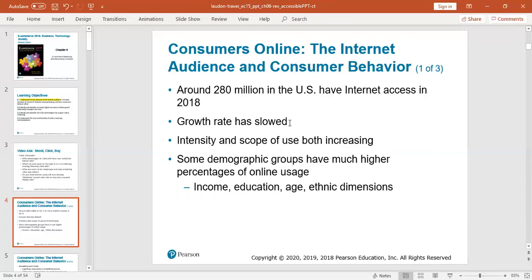But we see the growth rate falling down over the number of years, and there are multitudes of reasons to it. We'll first talk about the intensity and the scope of use as far as internet usage is concerned. When I talk about the intensity and scope of the use, how do these aspects together influence the growth rate and adoption of internet in people's houses?